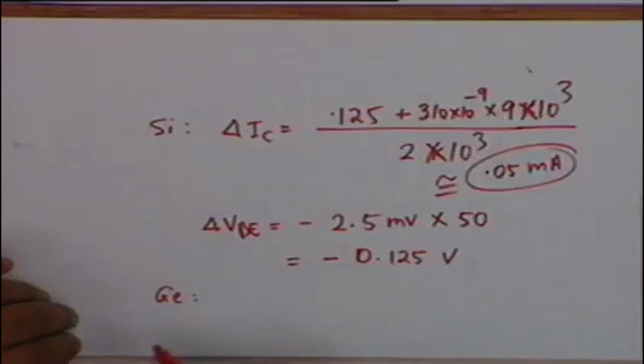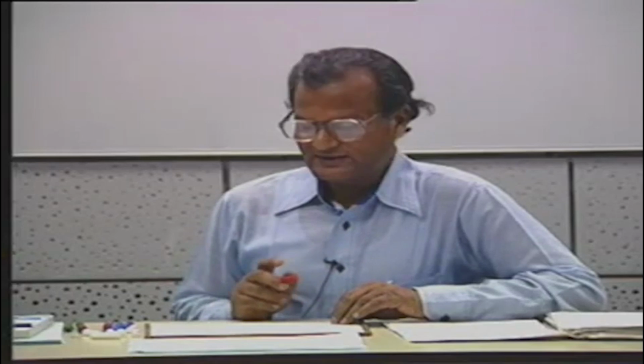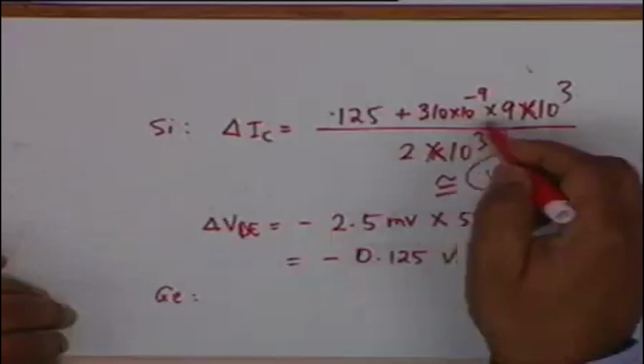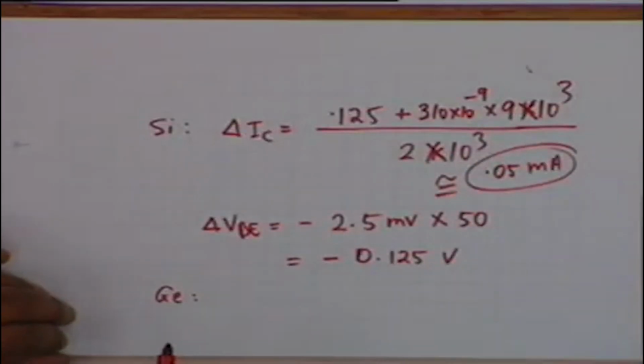Okay. On the other hand, one can now say if it is germanium and you proceed with the same calculation, delta VBE is the same. Isn't that right? Delta VBE is the same. It is only delta ICBO, which now becomes how much? 31 times 5 microampere, which is 155 microampere.